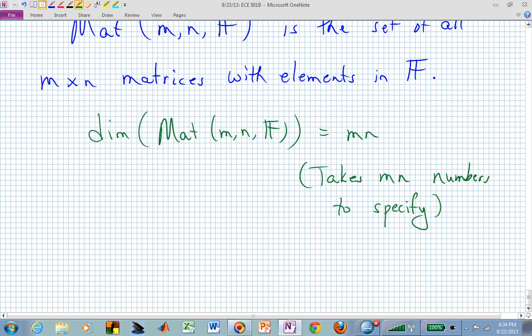Or, in the MATLAB terminology, you could vectorize a matrix. You could stack up all of the columns in your matrix into one vector. And now you have a vector that looks more like R to the mn. That's the dimension of your vector space. The vector space is this matrix that's mn in size.